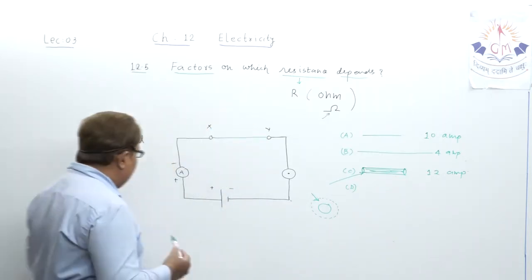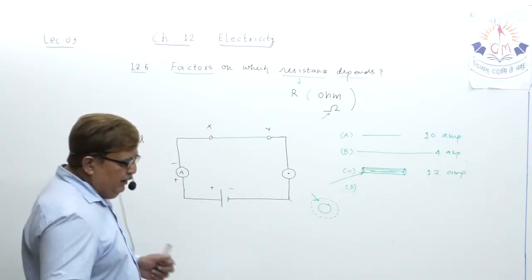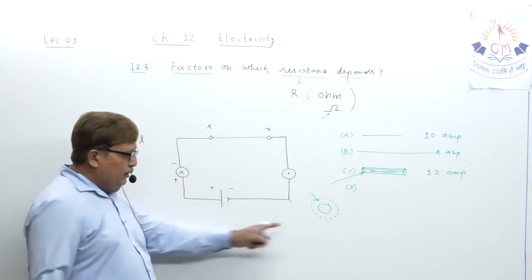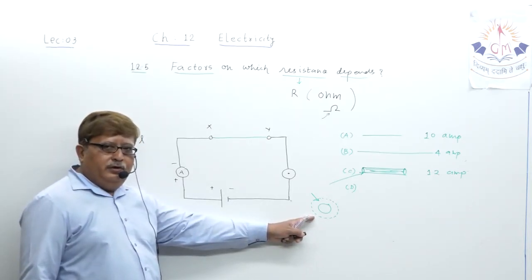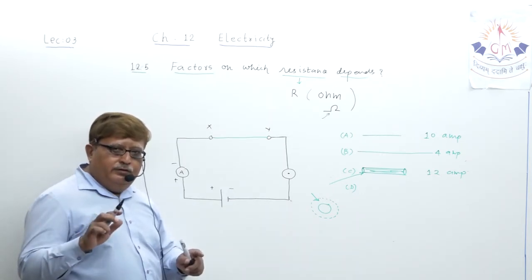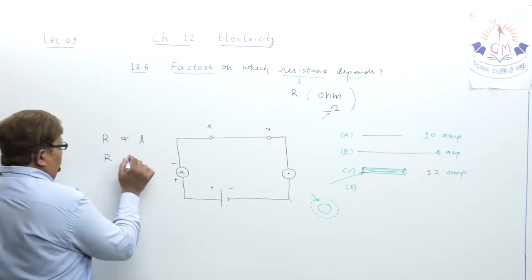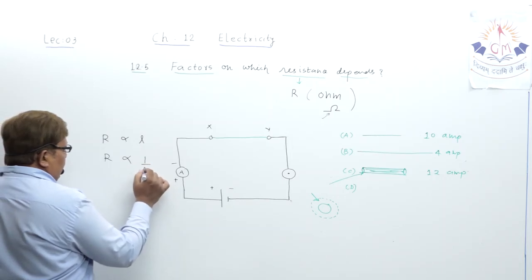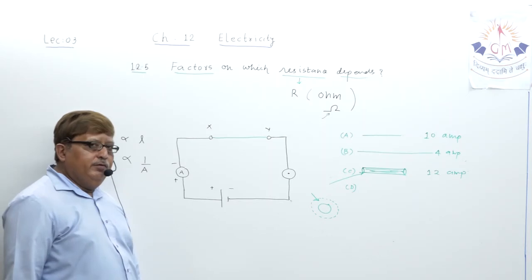Here I can say another thing, that because area of cross section increases, resistance decreases. So I can say R is inversely proportional to 1 upon A. Inverse proportion can be shown this way.